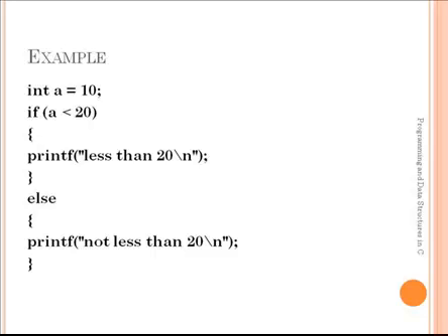The statements will be executed based on this condition. If this condition is true, the if block will be executed. Otherwise, the else part will be executed. Here 10 is less than 20, so the condition is true. So the if part will be executed, and the output is less than 20.